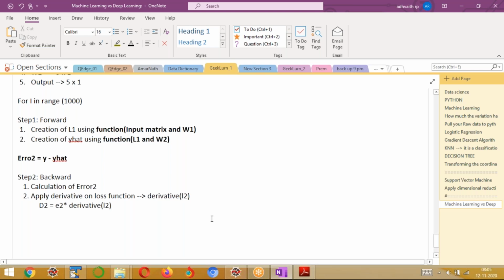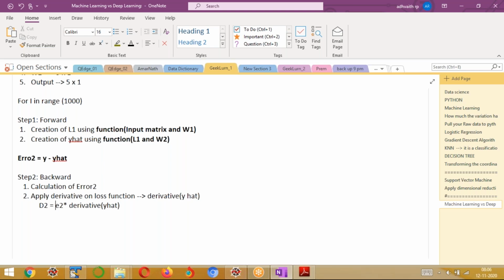Yeah, this should be layer 2 creation of y hat using function of L1 and W2, right? Yes, it is correct. So this should be y hat. Okay, so apply derivative on loss function, and this gives, yes, whatever the values that we got here, I'm using as y hat now.